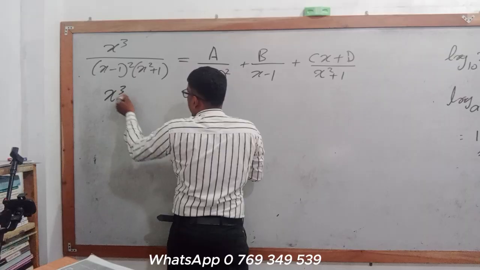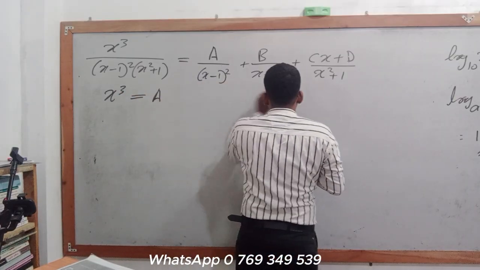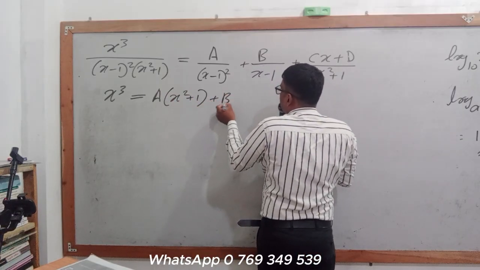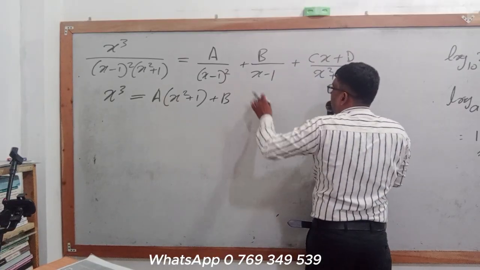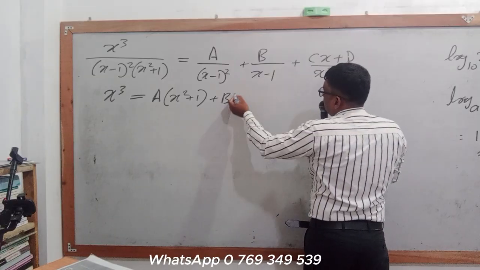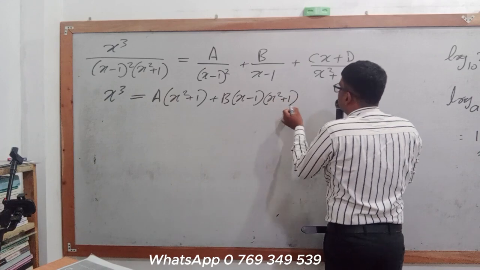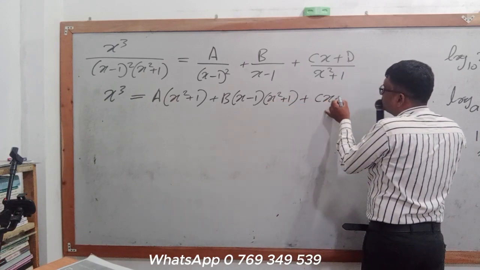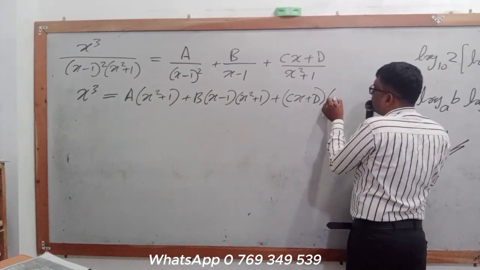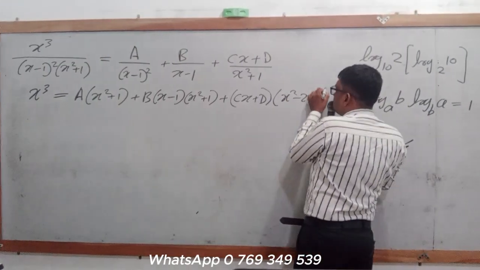Here we take x cube, and A times this one: we have to multiply A by x square plus 1, and B multiplied by x minus 1 times x square plus 1, right? And Cx plus D have to multiply by x minus 1 squared, x square minus 2x plus 1.